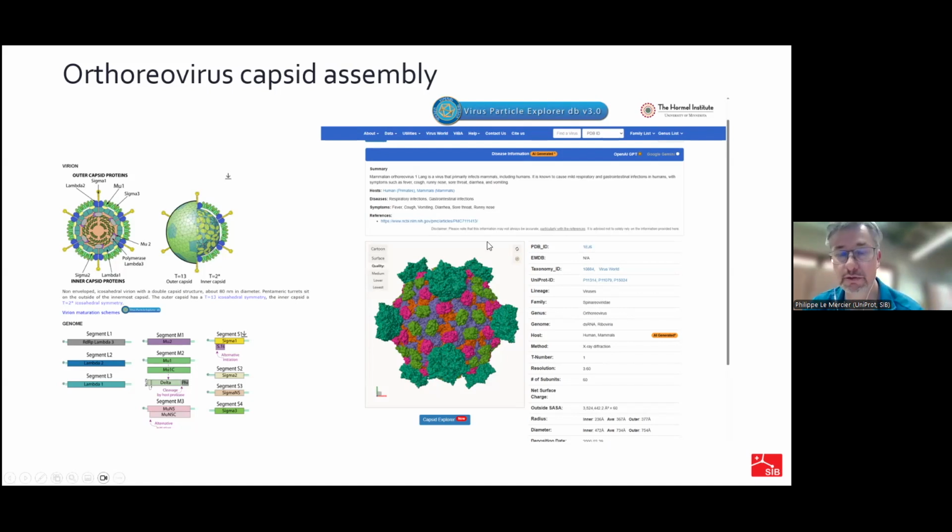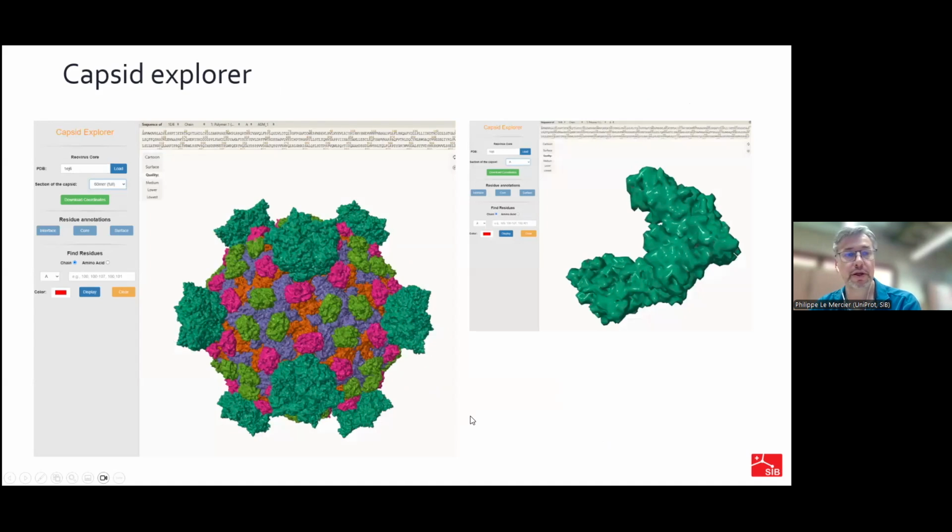Here, this is a description you have in Viral Particle Explorer with a lot of data and tools you can use. You see there are many tools, utilities. I will not go through it. What could be efficient is the new Capsid Explorer, which allows, here I click on the Capsid Explorer and you have a MolStar view of the capsid.